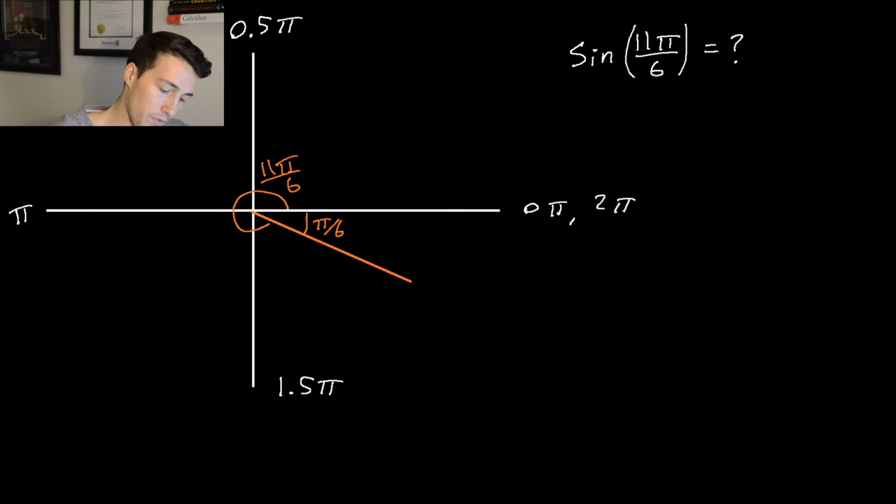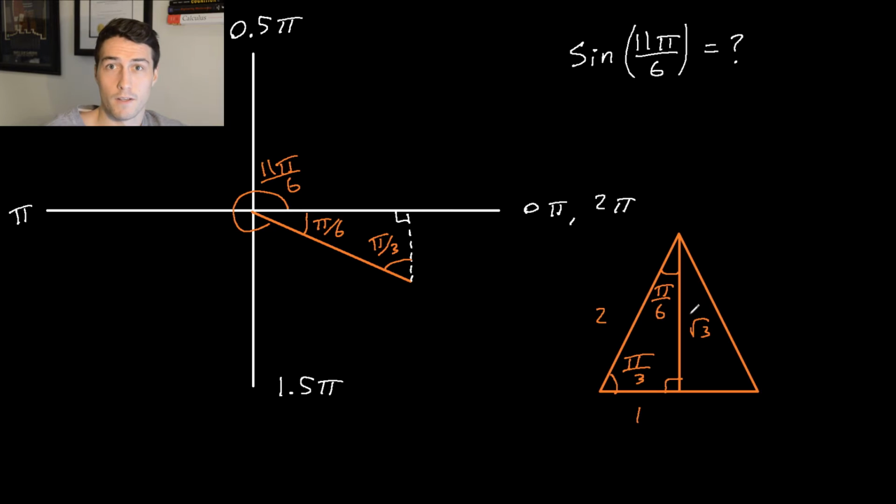So now I can use our new triangles to find this value. If I connect this to make a right triangle, this is pi over 6, so this other angle is going to be pi over 3. If we go back to our triangle, the sine of pi over 6 is opposite, so this 1, because it's opposite this angle, over 2.